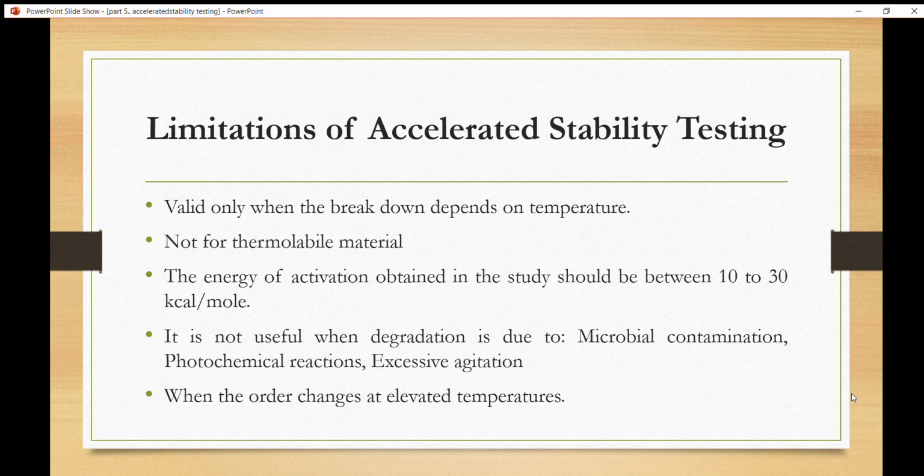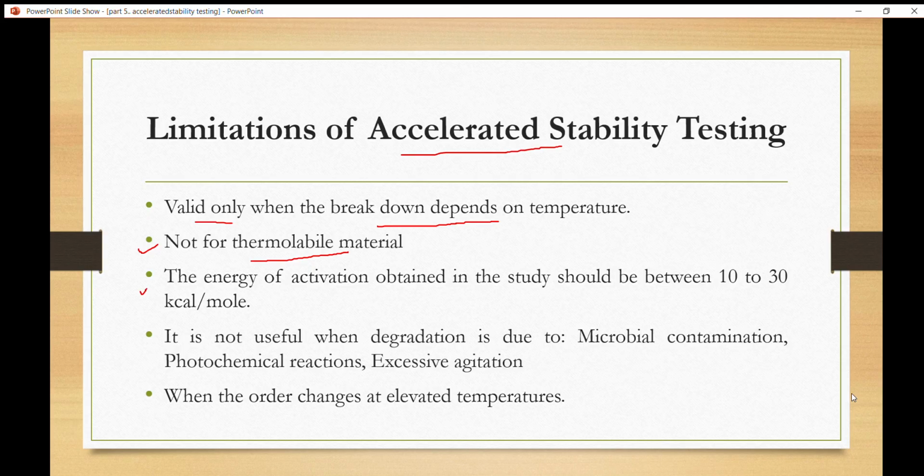Now let's discuss the limitations of this accelerated stability testing. It is also known as stress condition. The first limitation is that it is valid only when the breakdown depends on temperature. Means if the temperature increases, then the breakdown increases. Only in that case is this testing applicable. The second limitation is that it is not suitable for thermolabile material.